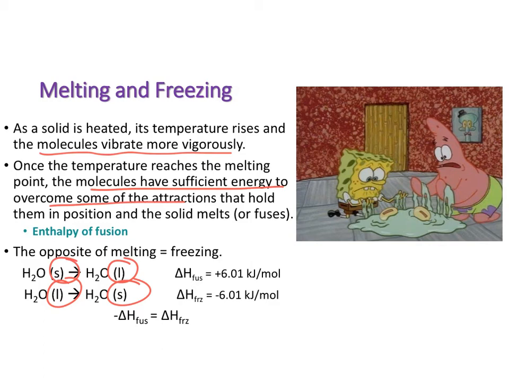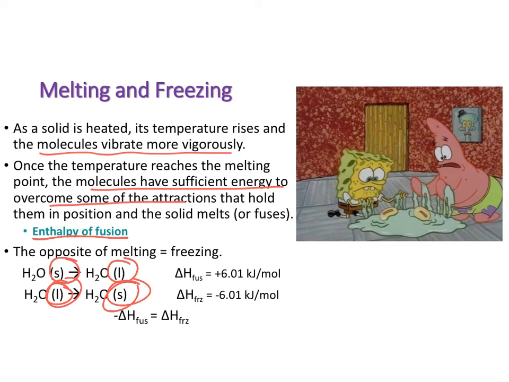So same idea how we had enthalpy of vaporization, we have enthalpy of fusion. Think about how whenever something is fusing together, it's becoming more compact. So think of how we go from a liquid to a solid. It's going from flowing freely to becoming a solid where things don't flow the same way.